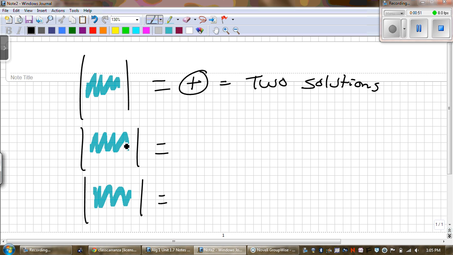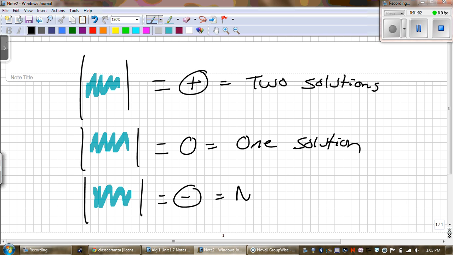When you have the absolute value equal to 0, that means you have one solution. And if you come back and you have a negative number, you have no solution. So we can either have two solutions, one solution, or no solutions.